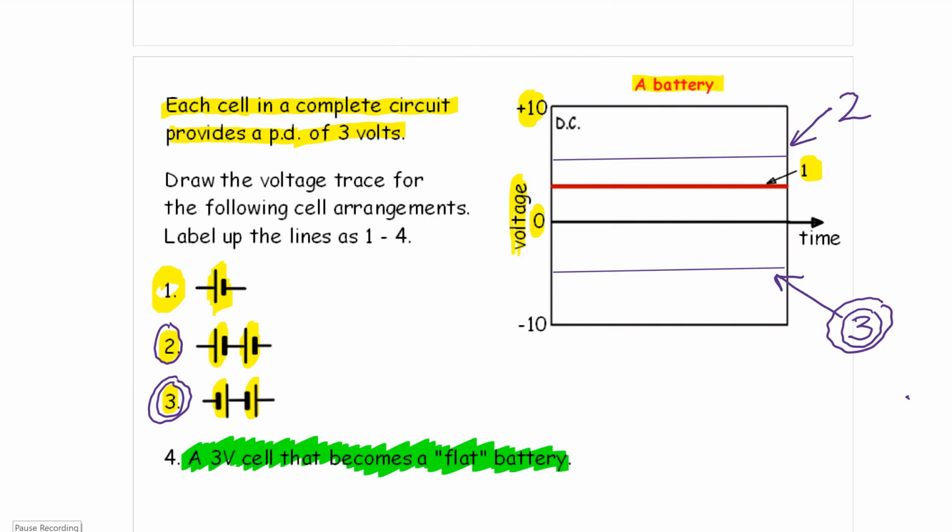We're going to start off at 3 volts, which is going to be here, and then over time it gets less and less until the voltage becomes 0 and the battery is completely flat. So this is line number 4. It started off at 3 volts, and over time it goes down and down until it reaches 0 volts.